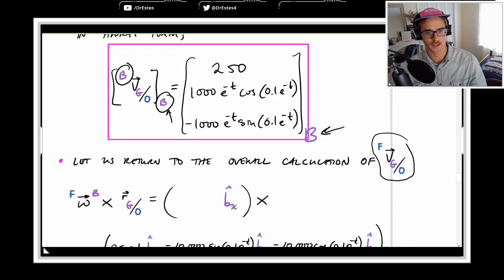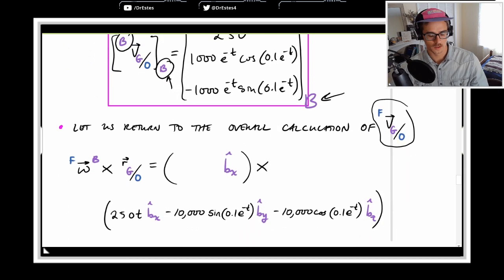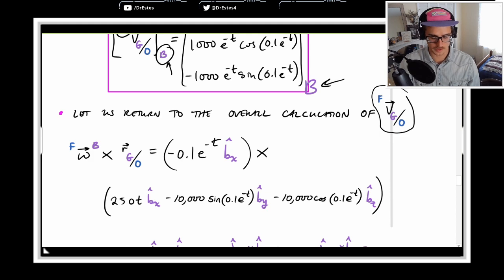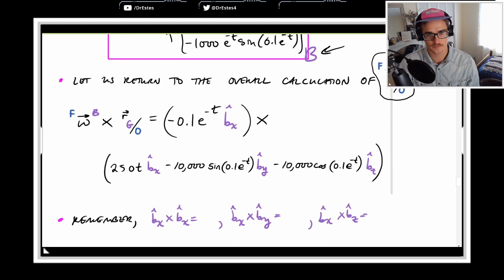So let's calculate that. The angular velocity given in the problem statement, minus 0.1 e to the minus t. And that's about the bx basis vector. And then we're crossing that with the position vector, so there it is right away.